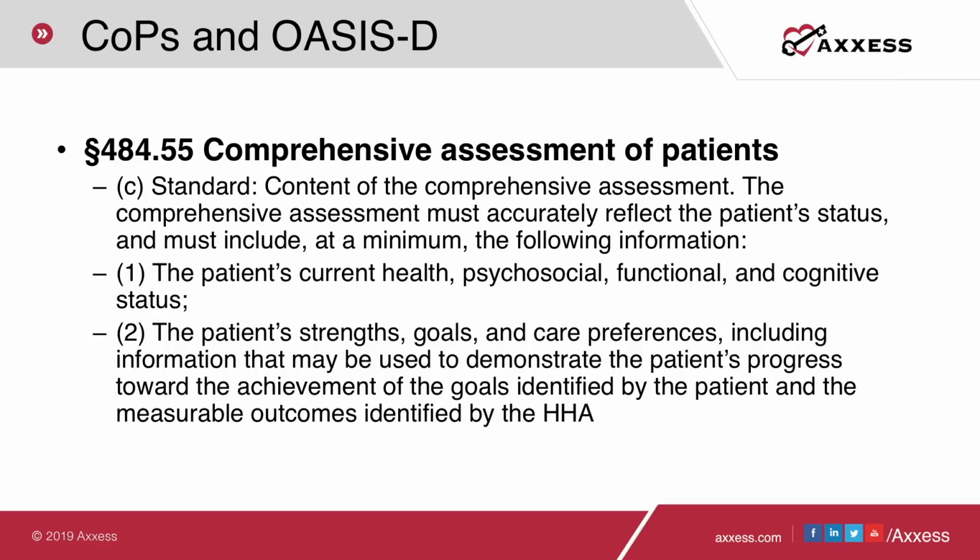The comprehensive assessment must accurately reflect the patient status, that's real important to know, and must include at a minimum the following information: the patient's current health, psychosocial, functional, and cognitive status, the patient's strengths, goals, and care preferences, including information that may be used to demonstrate the patient's progress toward the achievement of goals identified by the patient and the measurable outcomes identified by the agency.